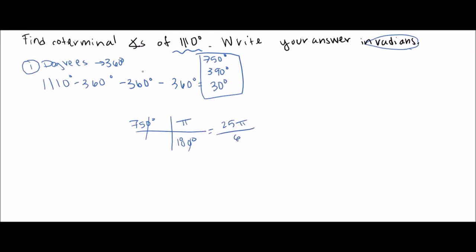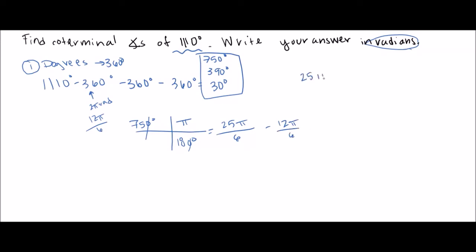So I know that 360 degrees is 2 pi radians. They're equivalent. So if I make that into a fraction that has 6 in the denominator, I'm going to have 12 pi over 6. So I can just subtract 12 pi over 6. And I can do this mentally because it's pretty easy.